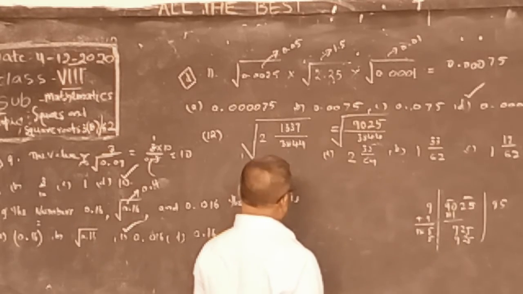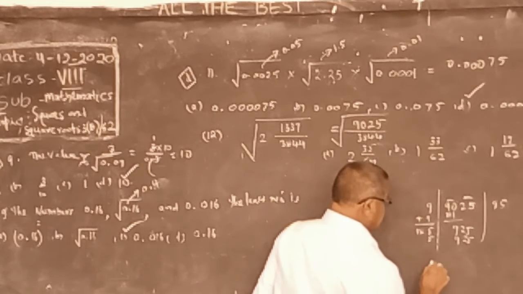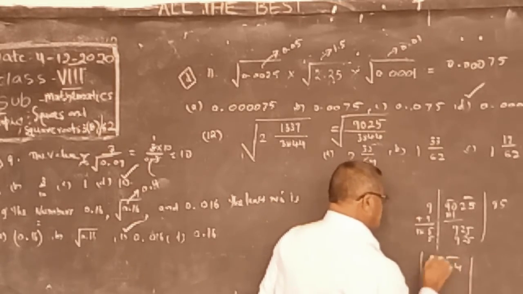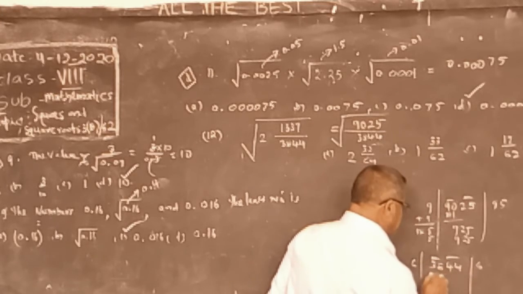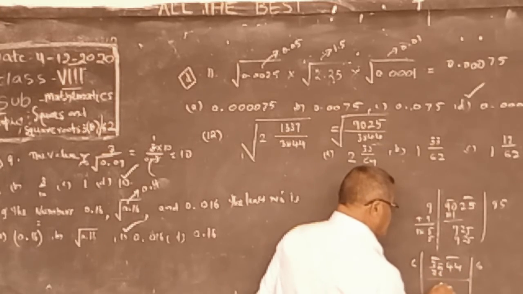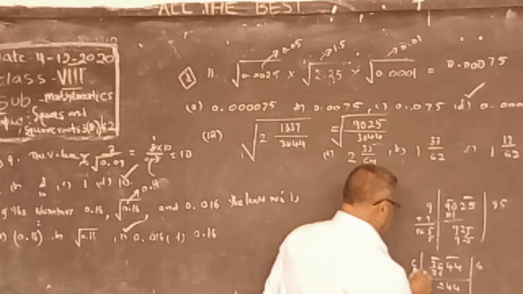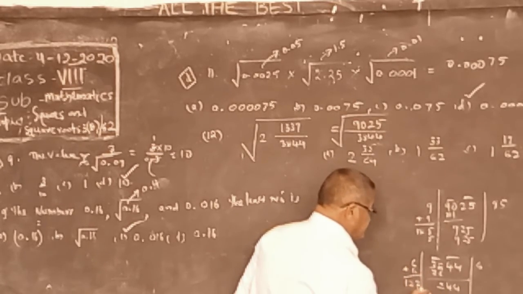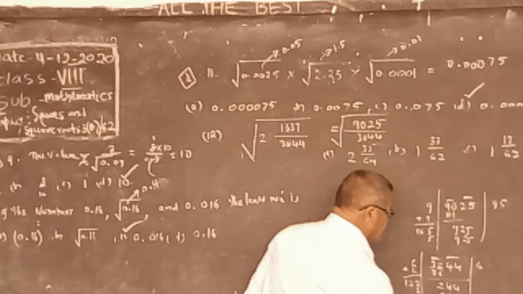Numerator is 95. What about the denominator? 3844, make pairs. 6 6s are 36, remainder 2 4 4. Repeat 6 and add; 2 2s are 4, 2 2s are 4, so 62.